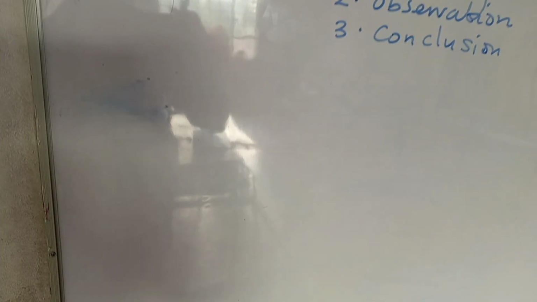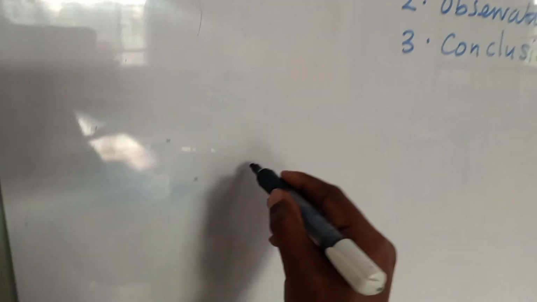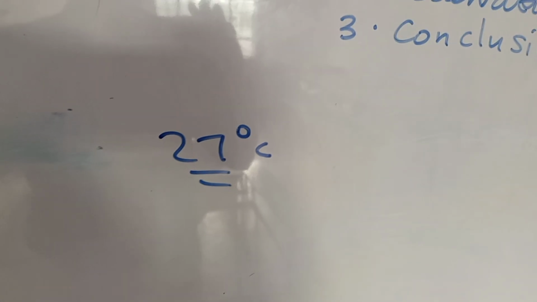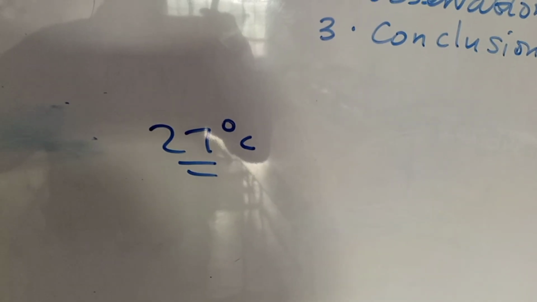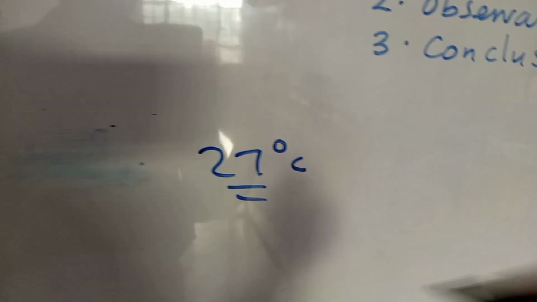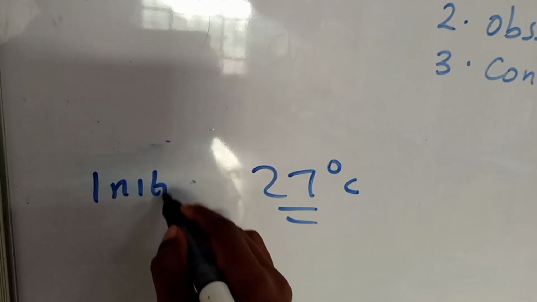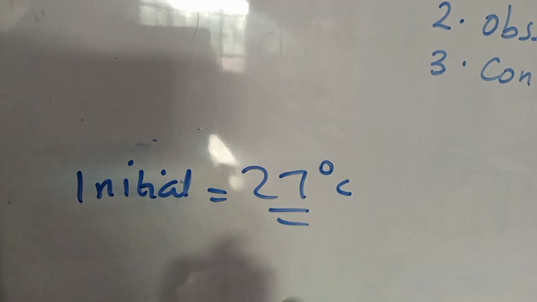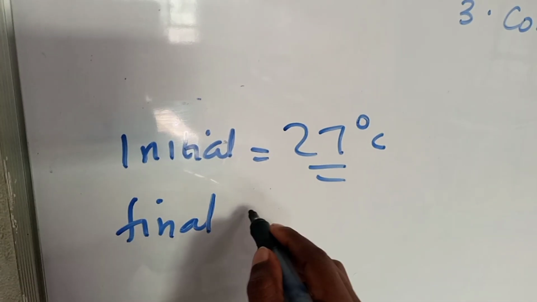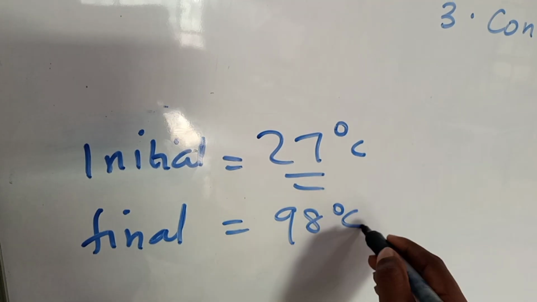Another question. If the initial temperature of the water was 27 degrees Celsius, what was the difference or rise in temperature? What was the temperature change? Initial was 27 degrees Celsius. Final, after heating, was 98 degrees Celsius.